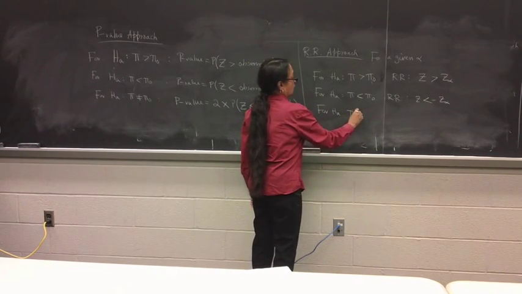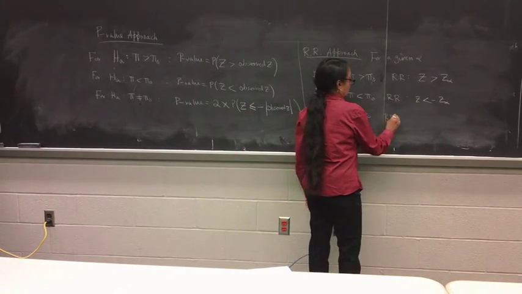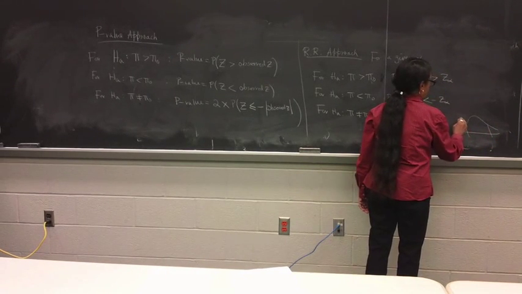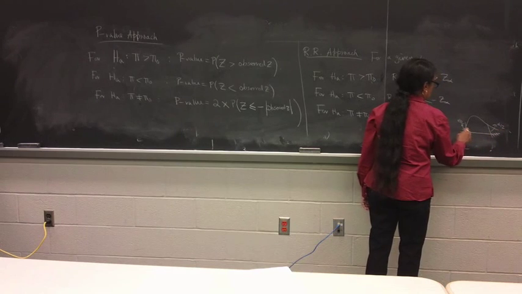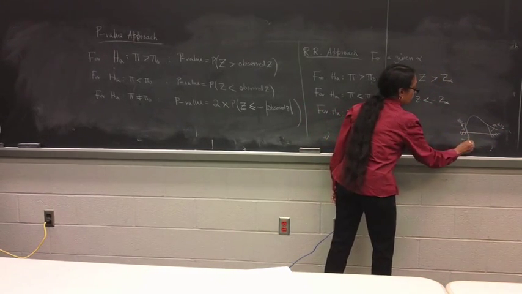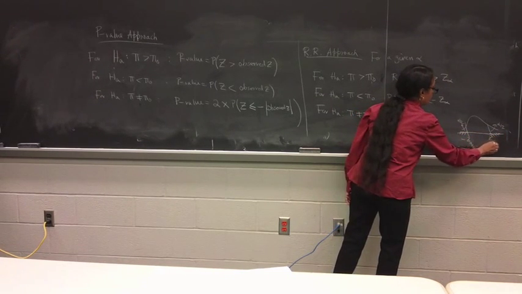If it is not equals to, then you put the alpha into 2 equal halves, alpha over 2, alpha over 2. The rejection region is either z less than negative z alpha over 2 here, or z greater than z alpha over 2 there.